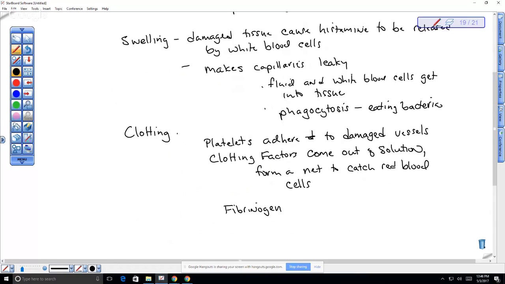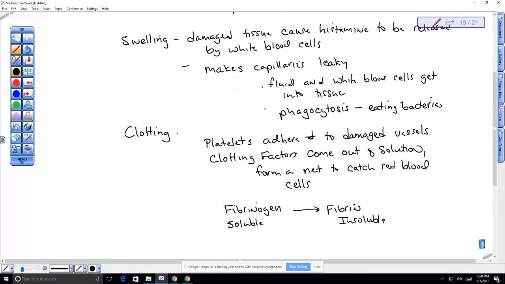Something starts it off, and then there's a cascade of events that occur. But ultimately, what it leads to is fibrinogen being converted to fibrin. So this is soluble in water, and this is insoluble.